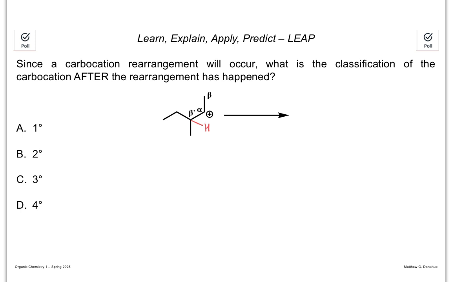So again, to repeat, that plus charge has to move over 1 carbon atom. So we call that a 1-2 shift. The electrons in the CH bond move over, so that forms a new CH.